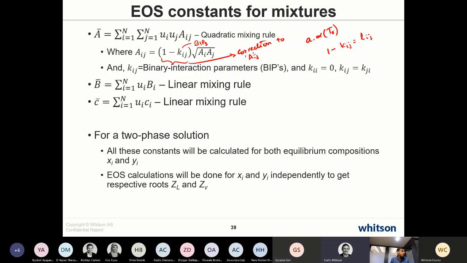Curtis, for the C7 plus components, the only point on the vapor pressure curve you know is the normal boiling point. So we usually tie into that and hang on to that. If you have a normal boiling point, you force it to be predicted by the equation of state.